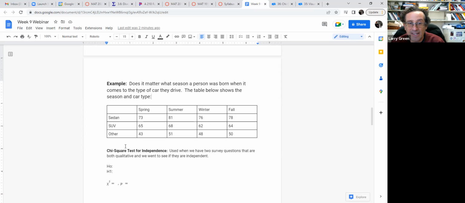And that is a sedan, an SUV, or some other kind of car. Okay, notice that now we've got 2 survey questions, and both of these survey questions are qualitative and not yes, no. These are just wordy answers. Any questions on this particular kind of survey?